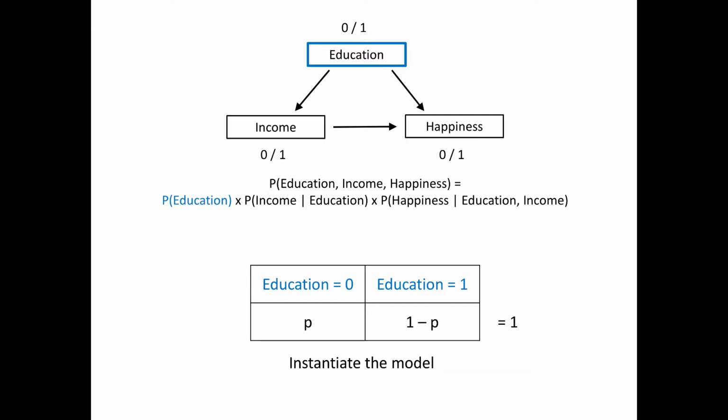For example, assume that education equal to 0 has a probability of p equal to 0.67. Thus, it necessarily has to be that education equal to 1 has a probability of 1 minus p equal to 0.33. In this case, where there are no variables in the conditioning set, the conditional probability table is known as the marginal probability table.